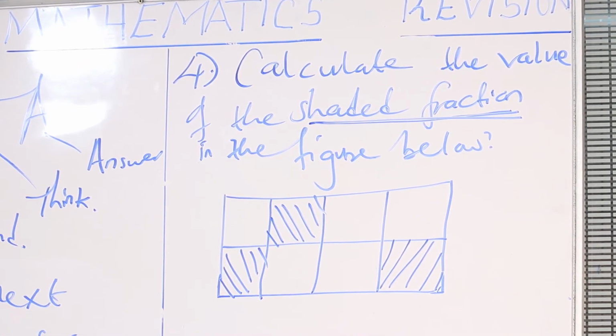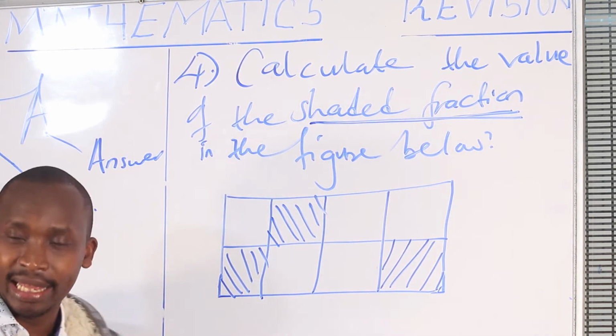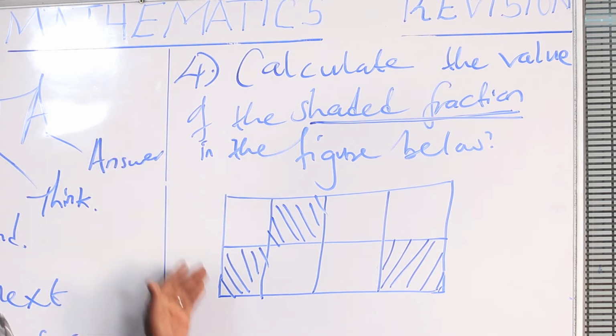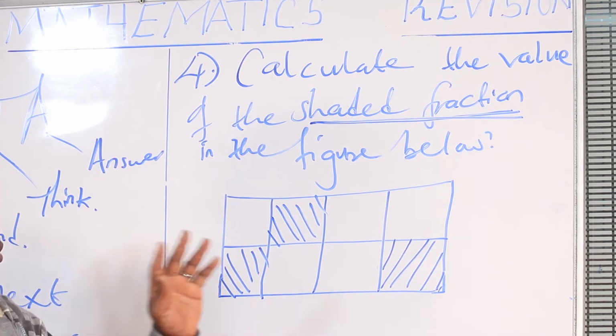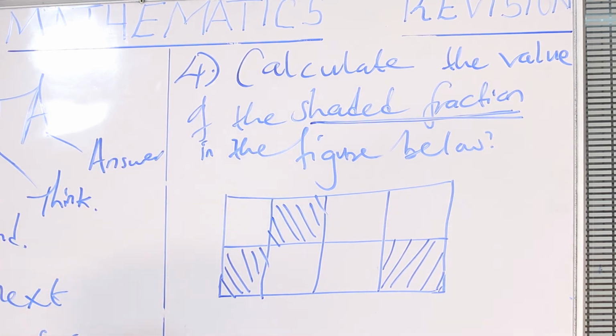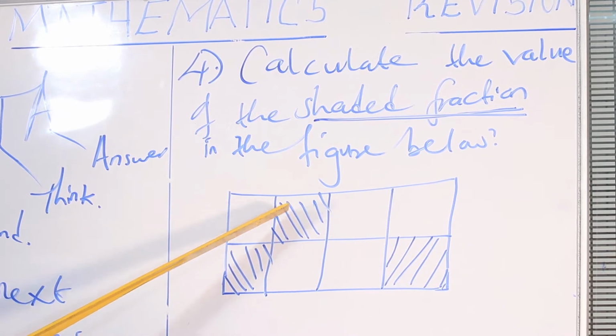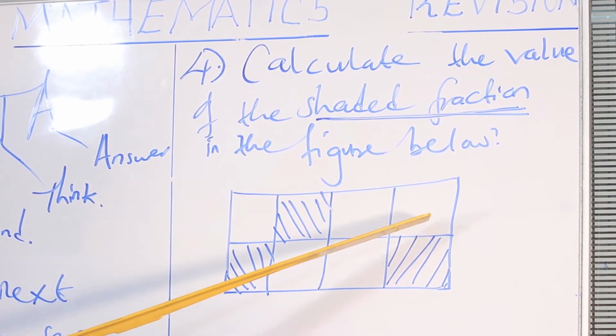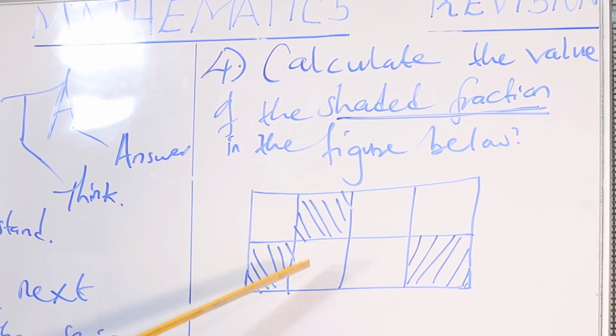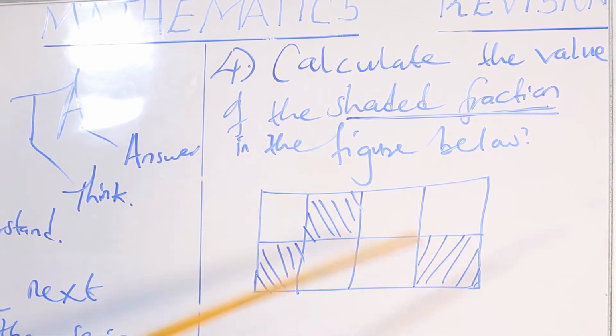T for thinking. How many squares are there inside the rectangle drawn here? Let's all of us count. I will count all the squares inside. 1, 2, 3, 4, 5, 6, 7, 8.